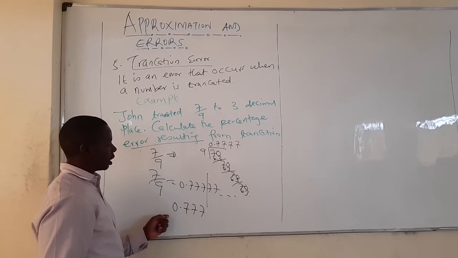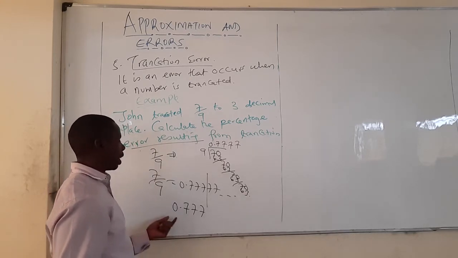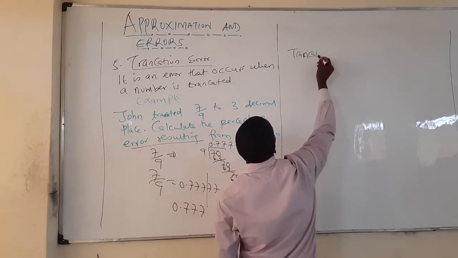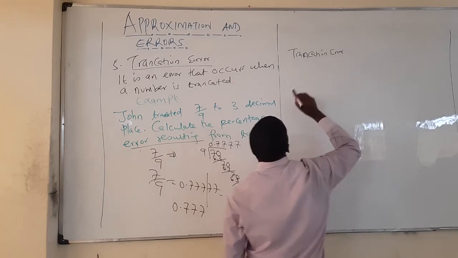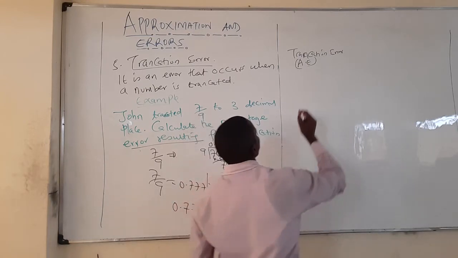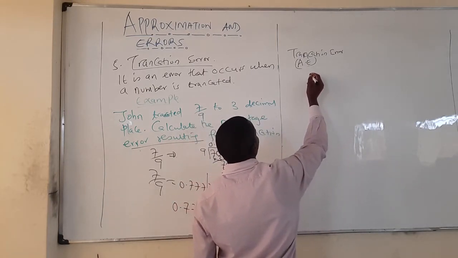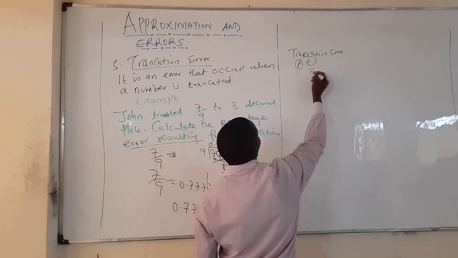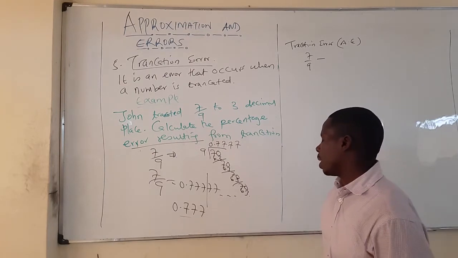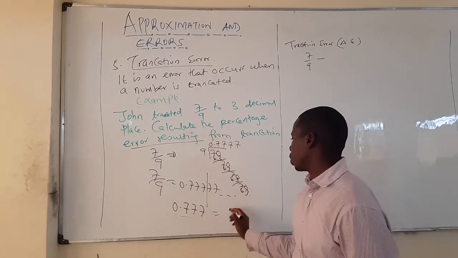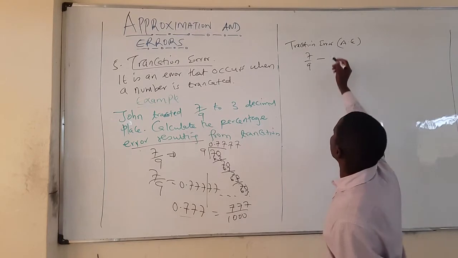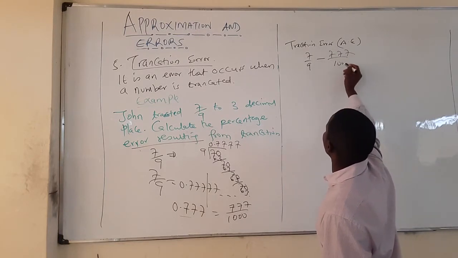So the first thing is to get the truncation error or the absolute error. The truncation error will be given by the actual value, which is 7/9, minus the truncated value. 0.777 is given as 777 divided by 1,000. So write it here, 777 over 1,000.